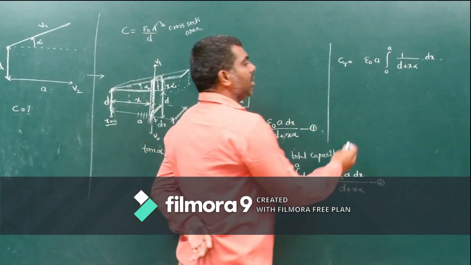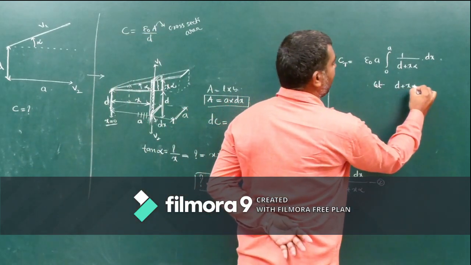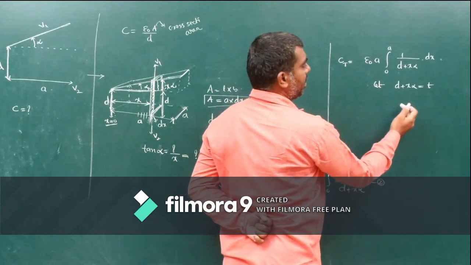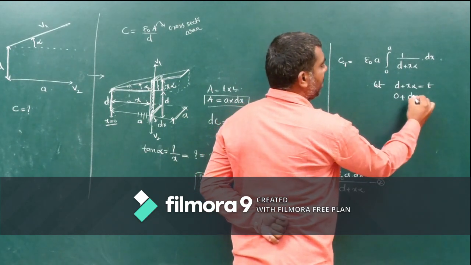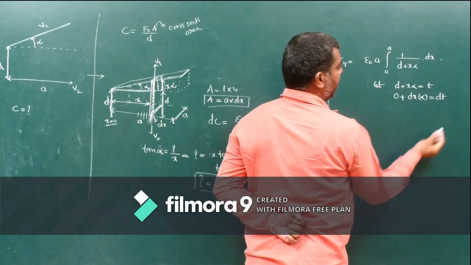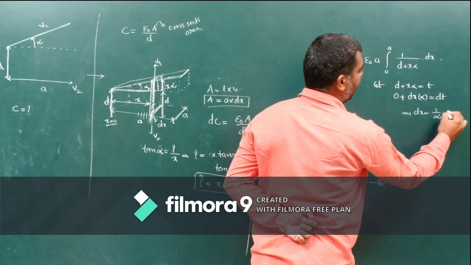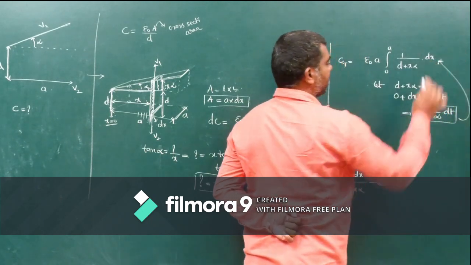From this I am taking let d plus x alpha equal to t, and again let us differentiate both sides. The fixed distance gives 0, plus alpha dx equals dt. We can write from here dx is equal to 1 by alpha into dt.